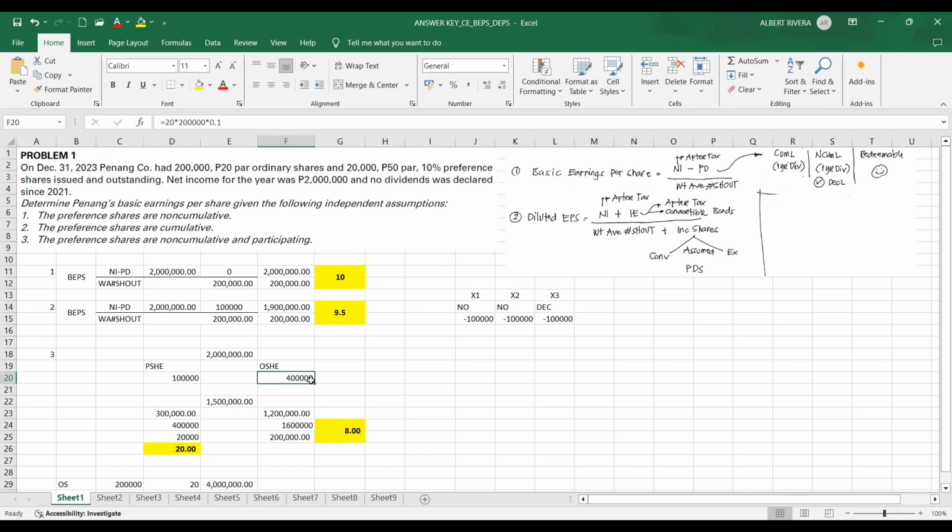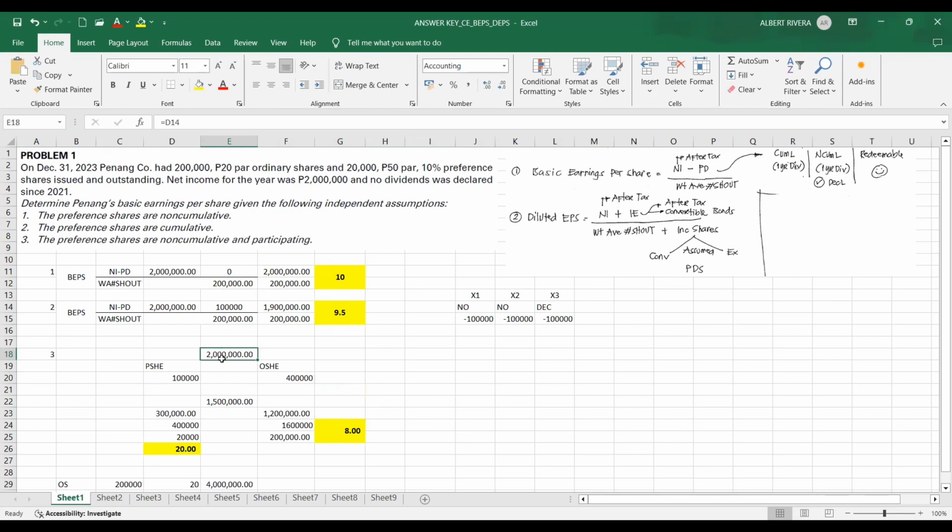The ordinary again would have a 1-year dividend equal to the dividend rate of the preference shares, like what we did in book value per share. So this would always be a 1-year dividend using the dividend rate on the preference shares for the participating preference shares. So this is just 200,000 times 20 times the dividend rate of the preference shares, which is 10%. So this is 2 million.